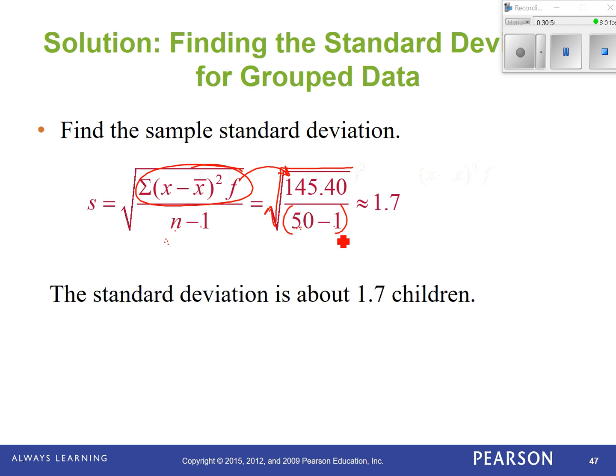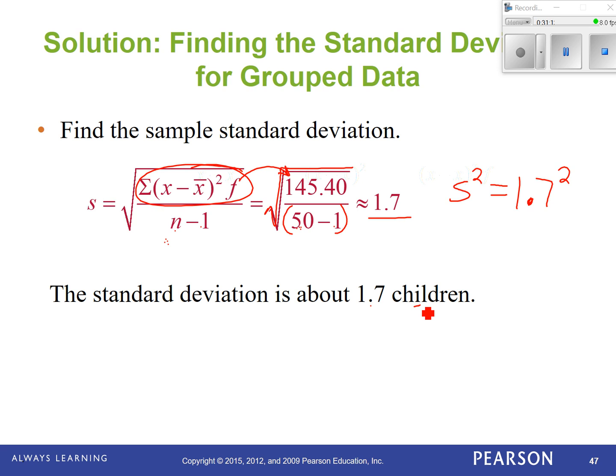And when it comes out, it gives you 1.7. Again, if you wanted to find the variance, you would just take that 1.7 and you would square it. So the standard deviation is about 1.7 children.